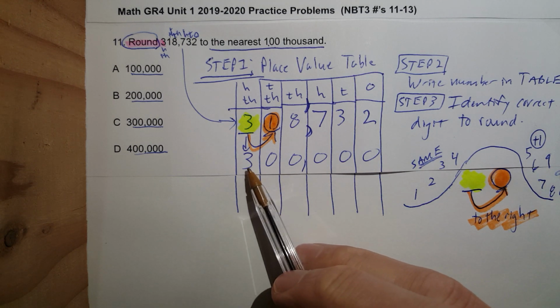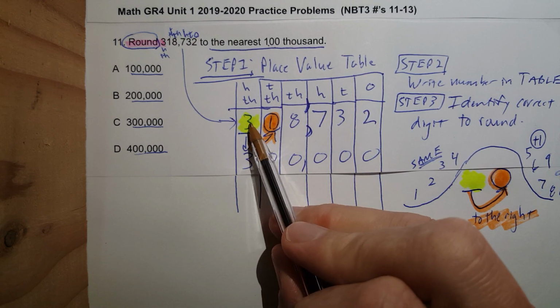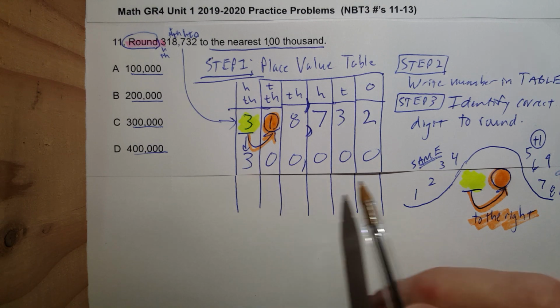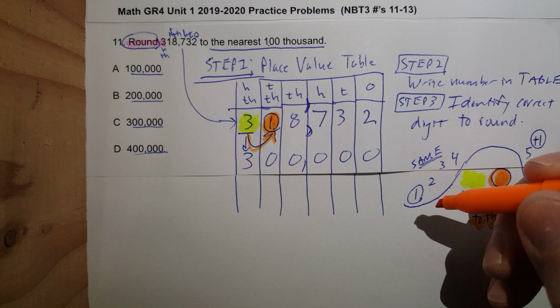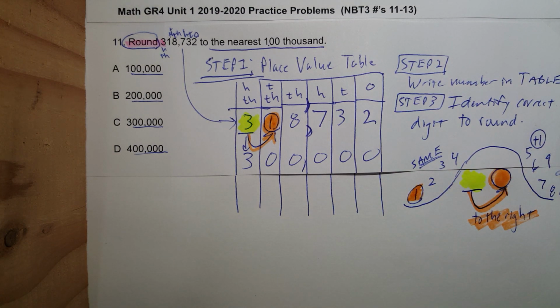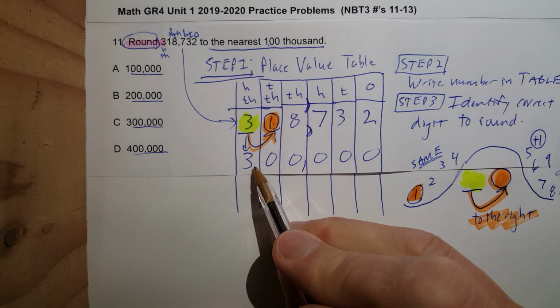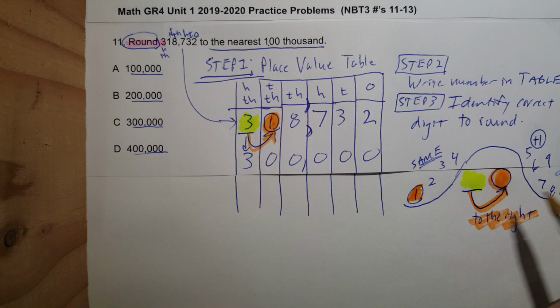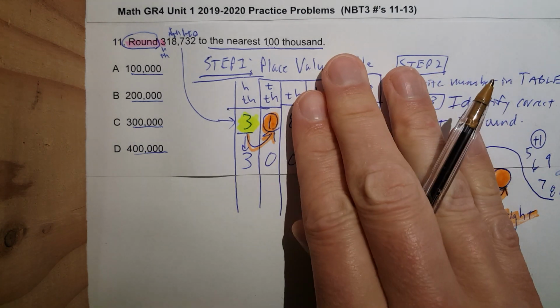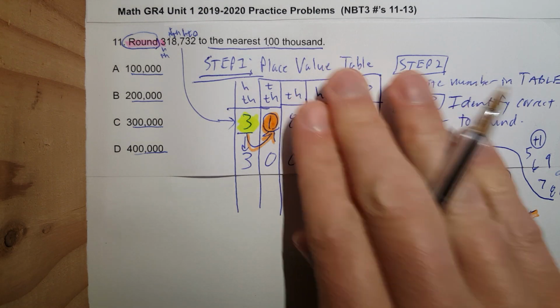And then what happens is, this is the only digit that's changing. It either stays the same, which it did here, because it was a 1. And I'll even identify it and put it in orange. Or we would make this a 4. But we don't, because it's not a 5, 6, 7, 8, or 9 to the right. And that's it. Practice that trick. Practice it a lot.